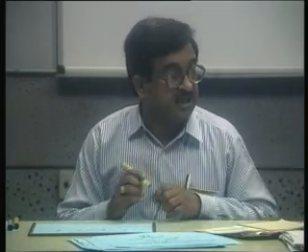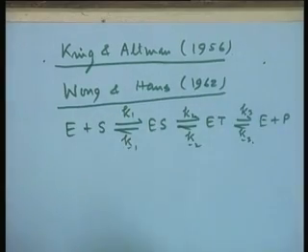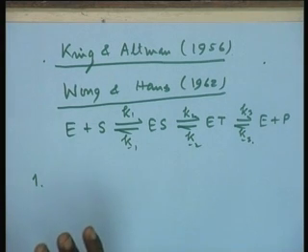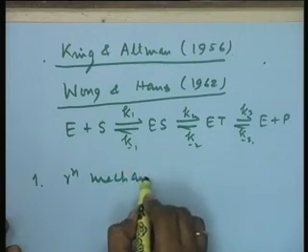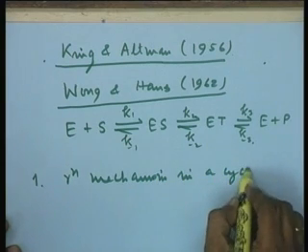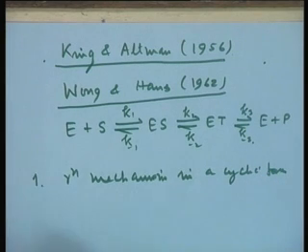Now the very first step in such a procedure, as proposed by Wong and Hanes, is to write any reaction mechanism in a cyclic form. Cyclic form means you will have interconversion of the enzyme substrate complexes.